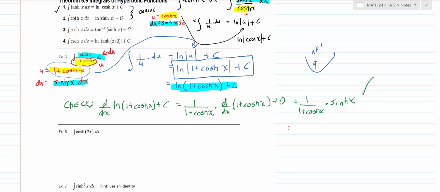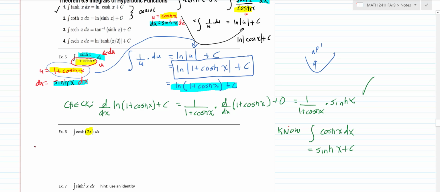What we know on this is that the integral of the cosh of x dx is the sinh of x plus c. So what we need to do is just change this so it says cosh of u.